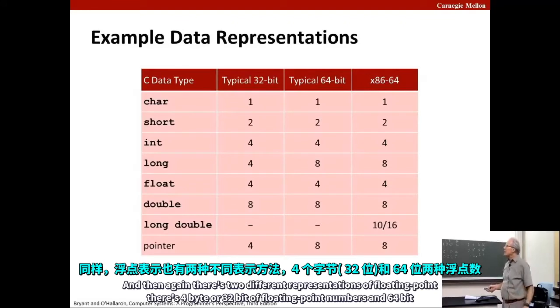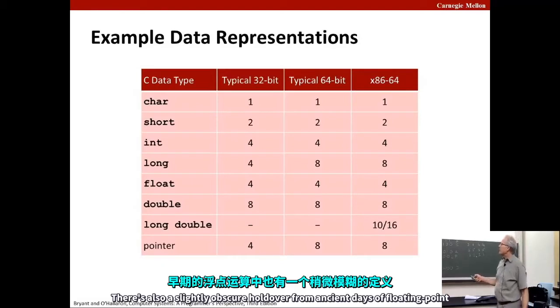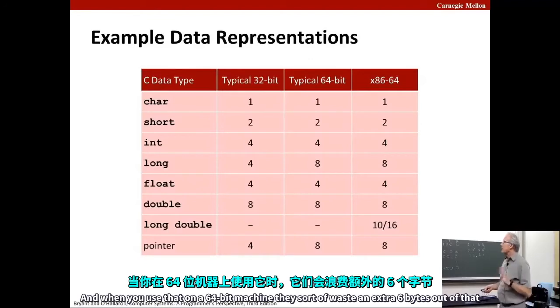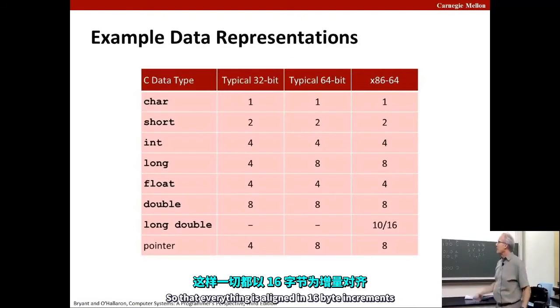And then, again, there's two different precisions of floating point. There's 4-byte or 32-bit floating point numbers and 64-bit. There's also a slightly obscure holdover from ancient days of floating point, where there's a special representation in Intel machines that uses a 10-byte or 80-bit representation. And when you use that on a 64-bit machine, they sort of waste an extra 6 bytes out of that so that everything is aligned in 16-byte increments.